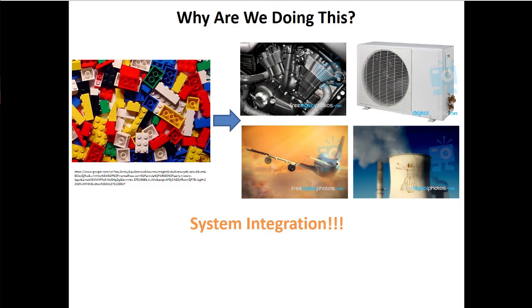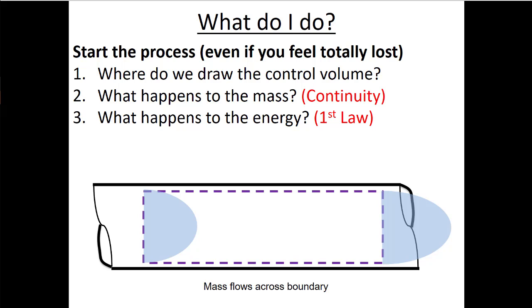And what we'll be doing for more or less the third part of the class, a little bit on the second exam, and certainly from the second exam to the final, is taking these processes, whether they're open systems or closed systems, and putting them together to understand how more complicated machines work. So things like aircraft engines or internal combustion engines or nuclear power plants or air conditioners. But before we do that, we have to really understand how to deal with systems, or individual processes. And we've been talking about open system processes.